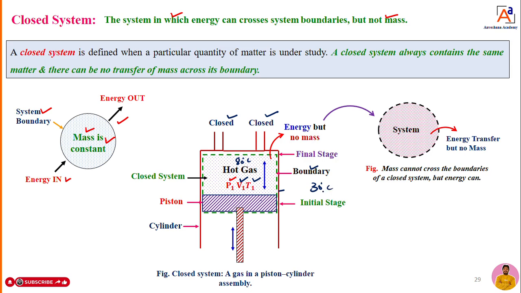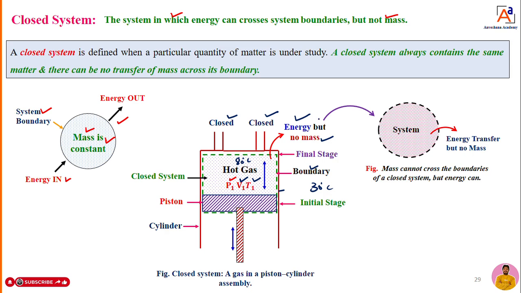Obviously heat will move from the high temperature region to the low temperature region. So heat energy is transferring, but since the system is completely closed, there is no provision for mass transfer. Hence there is no mass transfer, only heat energy is transferring.